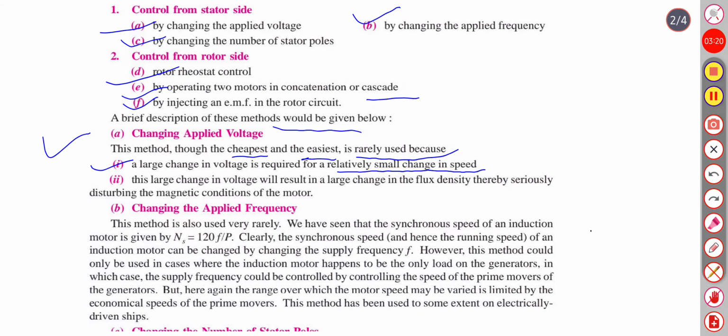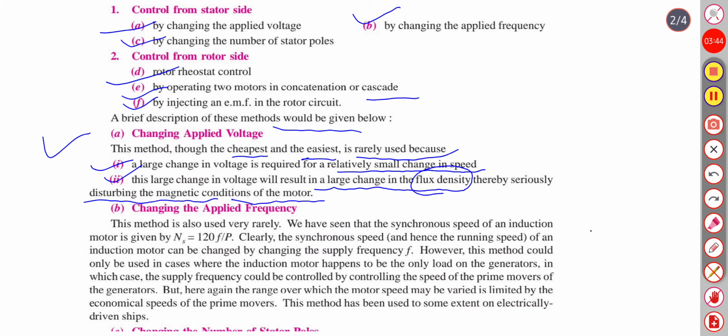So there is no big impact of applied voltage on the speed. This large change in voltage will result in a large change in flux density, thereby seriously disturbing the magnetic condition of the motor.